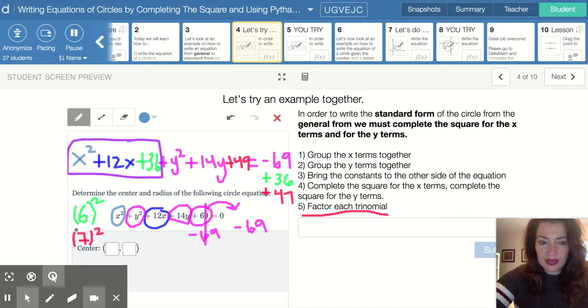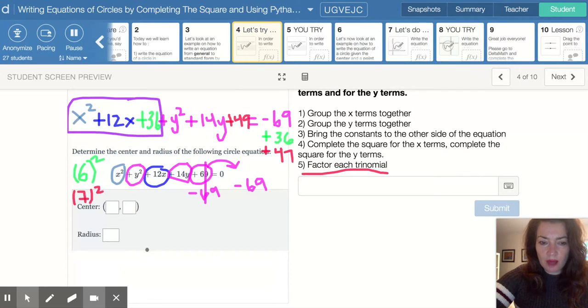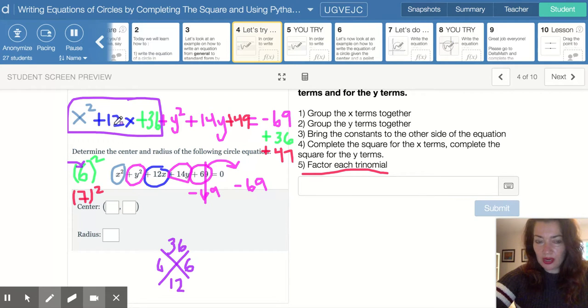If you can't, I'm going to show you, remember how we use the diamond method. What two numbers give us 36 that add up to 12? If you said 6 and 6, you are correct. And it's not a coincidence that that is half of our b value.